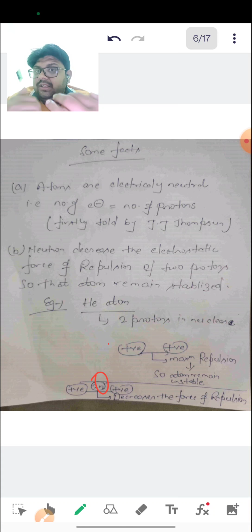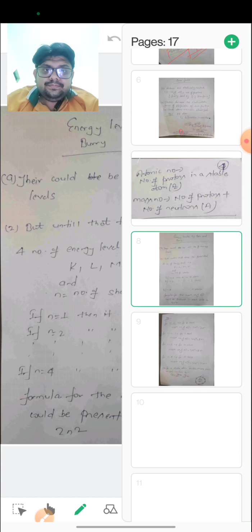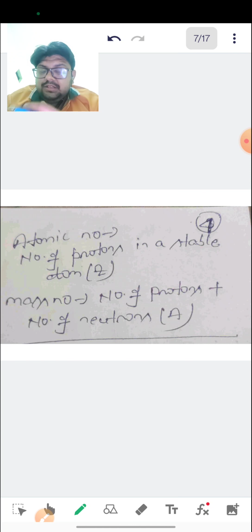After this, I want to tell you something about atomic number and mass number. What is atomic number? Atomic number is the number of protons in a stable atom. Let us take the example of helium.